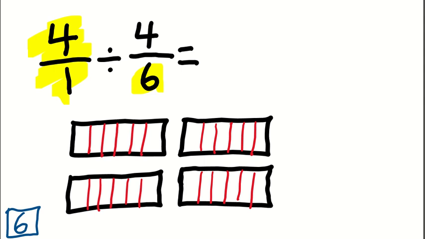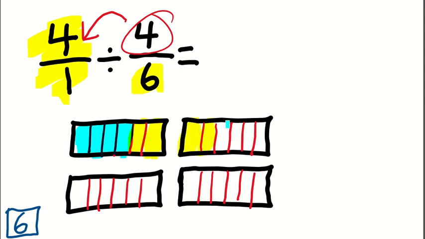Okay, now, it's not 1/6, it's not 2/6, it's 4/6. I've got to find out how many groups of 4/6 I can get out of 4 wholes. So again, we'll use different colors. 1, 2, 3, 4. That's one group. And let's do it again. 1, 2, 3, 4.